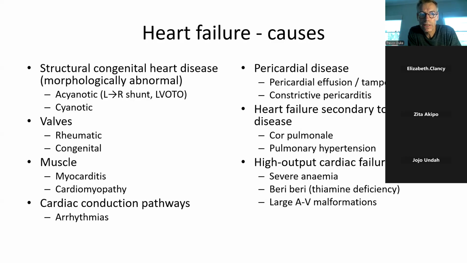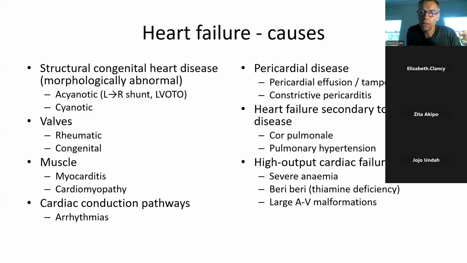So if you think about those things, particularly PDAs and VSDs, they're a little bit analogous, they're all large left to right shunts. And the left ventricular outflow tract obstruction conditions are things like aortic stenosis or hypoplastic left heart or coarctation of the aorta, and they also can present in heart failure or in cardiogenic shock.